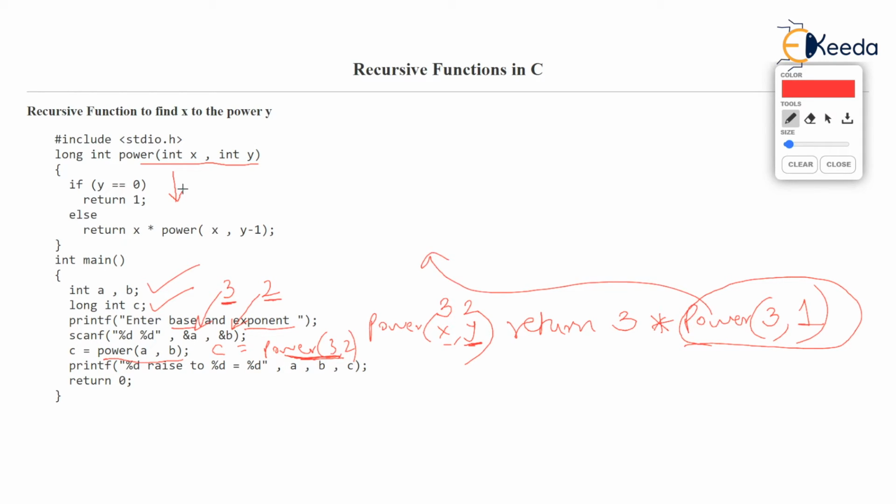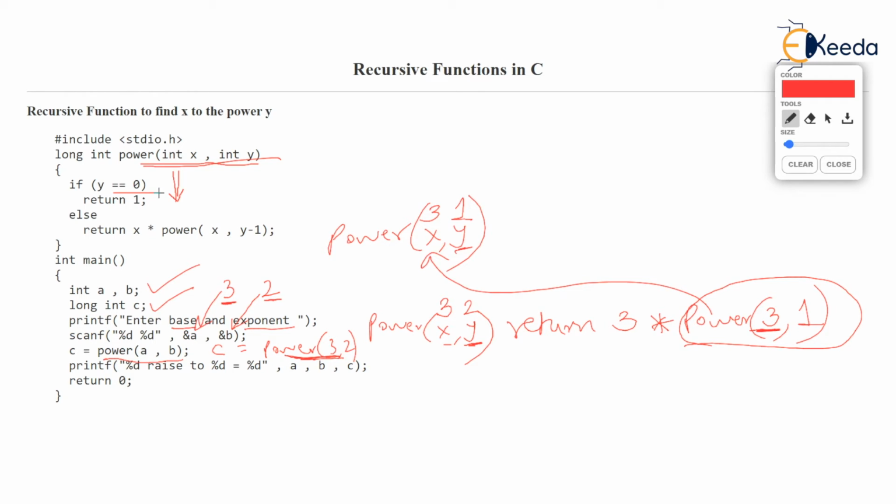So now power x comma y starts again. This function power is called again with the parameters x and y. But notice the parameter x is 3, 3 was passed, isn't it? And y is 1. So you are finding 3 raised to 1. If you run the function line by line, you will understand that the condition y equal to 0 is false here, because y is 1.